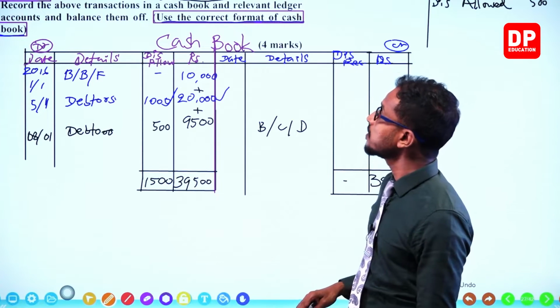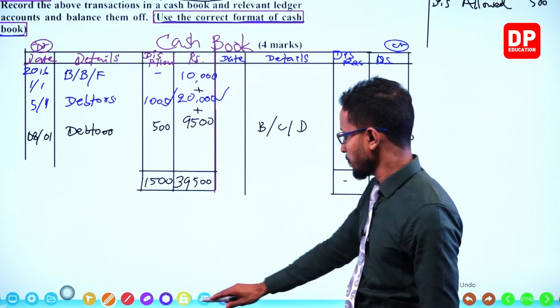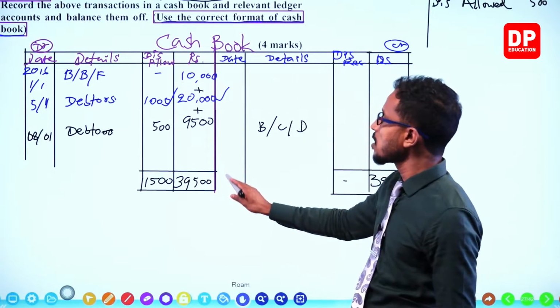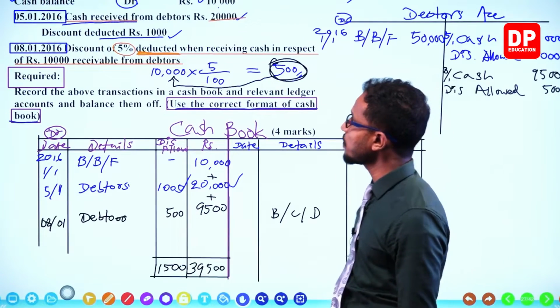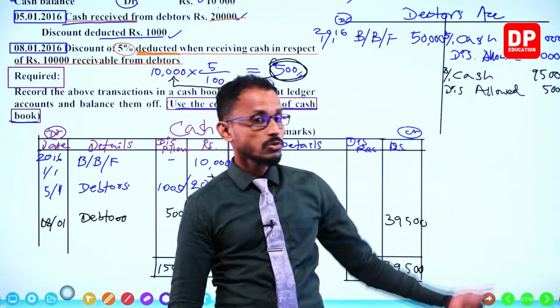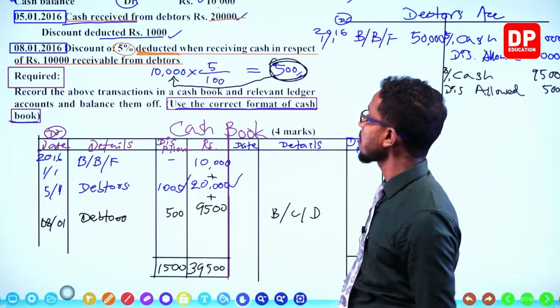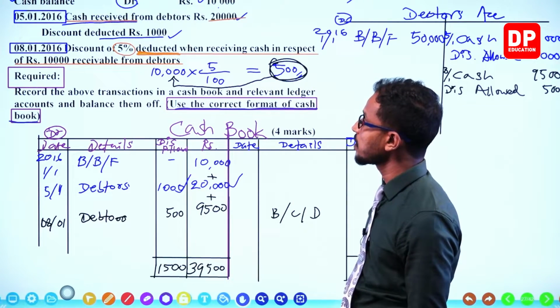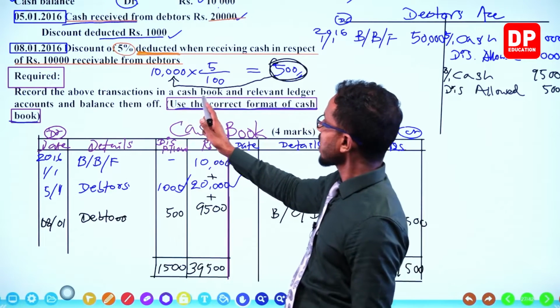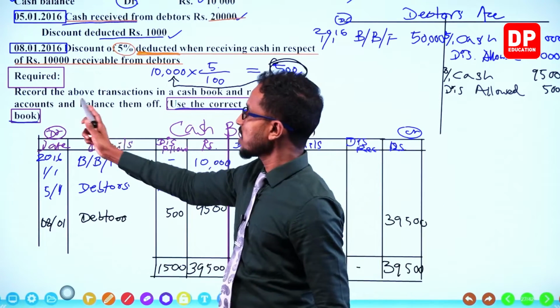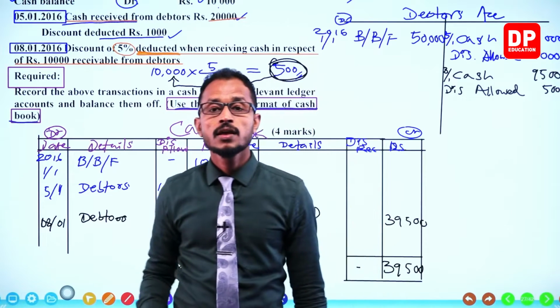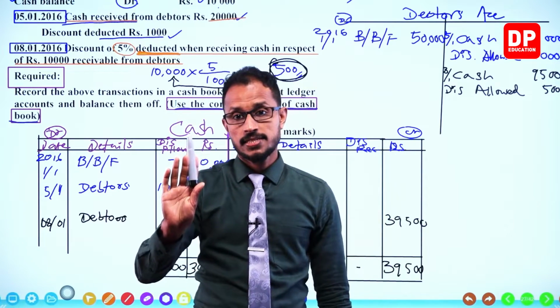Now, is it done? You have to balance the debtors account also, right? Balance them, cash book and relevant ledger accounts, and balance them off. Wait.